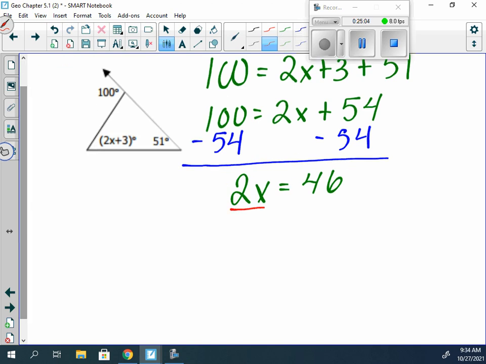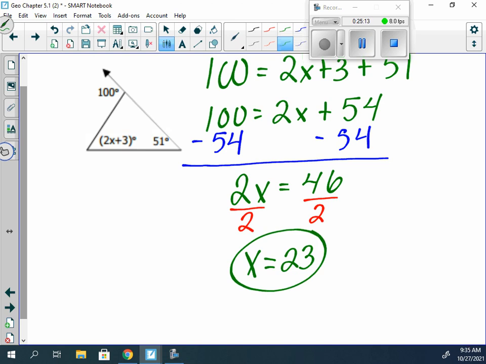We would divide both sides by 2. And if we wanted to, we could plug it back in to find out what the angle is, if we wanted to. Did it ask us to find that? No, it just asked to find x. So we're good.